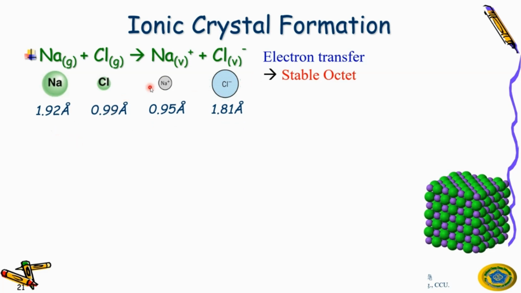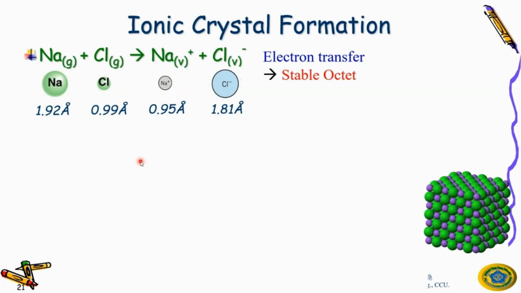The size of the sodium cation will be smaller. Why? Because you lose 1 electron. The electron configuration is stable and goes from n equal to 3 to n equal to 2. The principal quantum number changed.